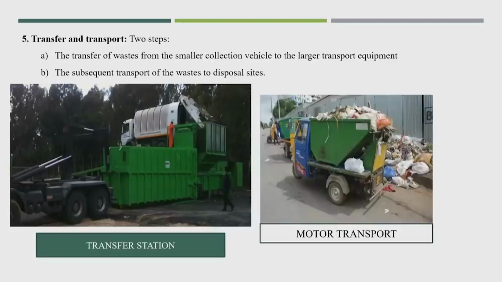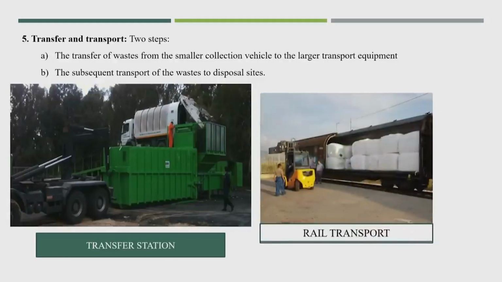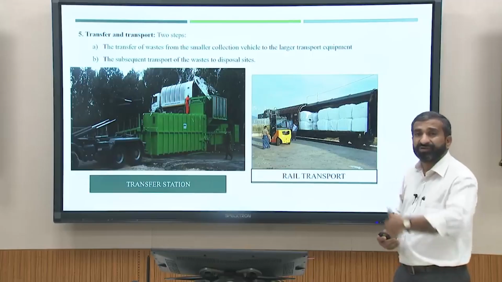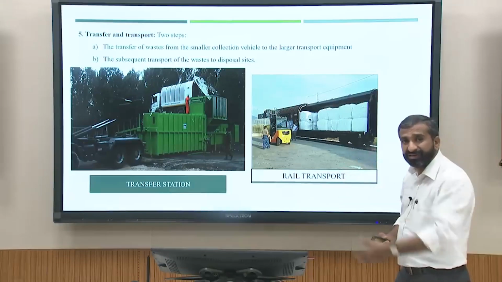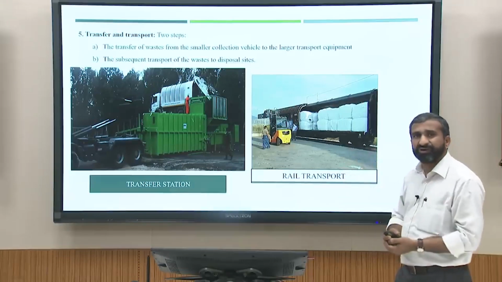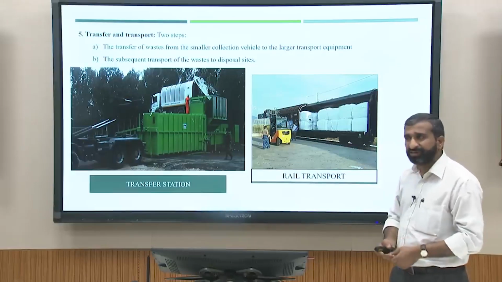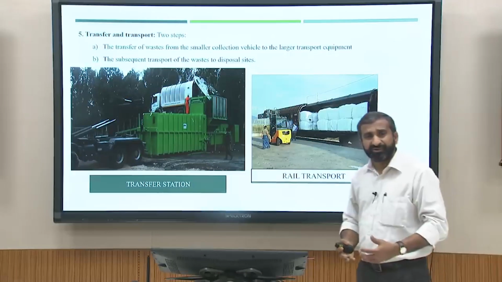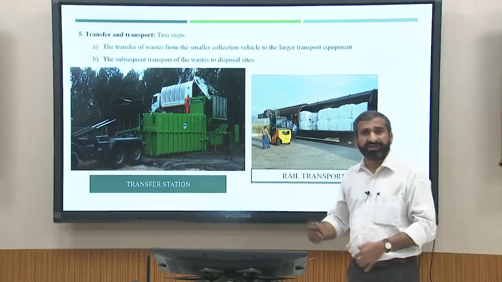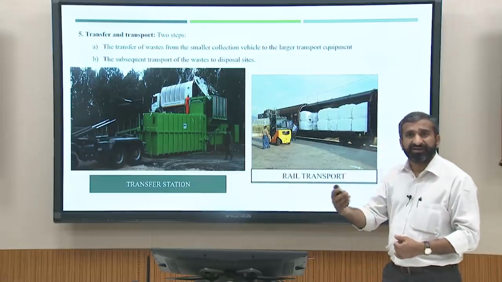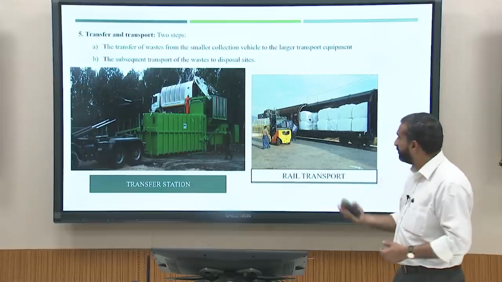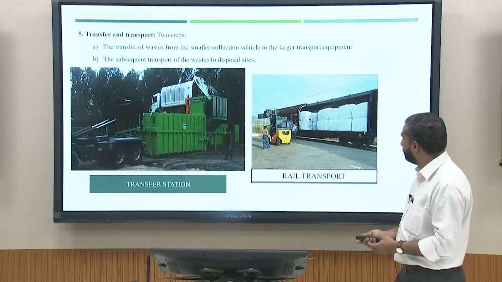And there are different ways of waste transport: motor transport, or rail transport. Some countries have rail transport where waste is transported 200 or 300 kilometers. Currently India does not have such a system, but in future, when any city thinks of relocating the disposal area or treatment facility far away, maybe 200 or 300 kilometers, we can have rail transport.